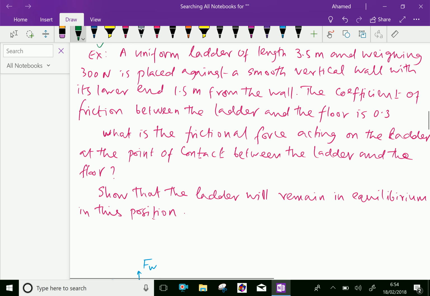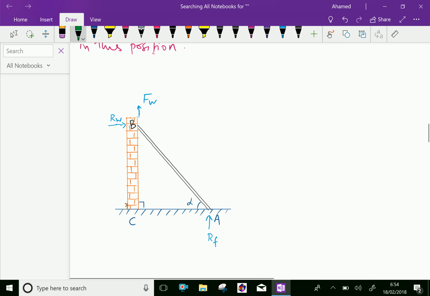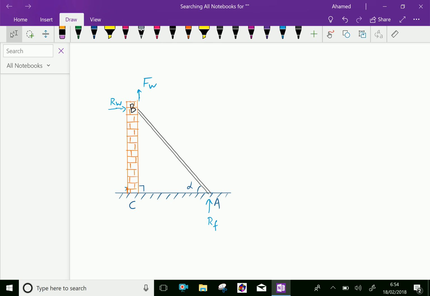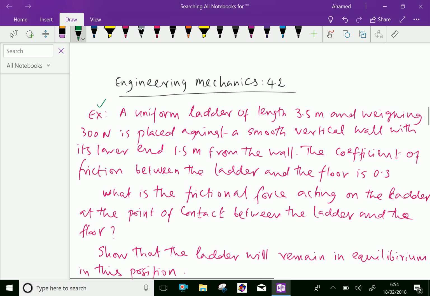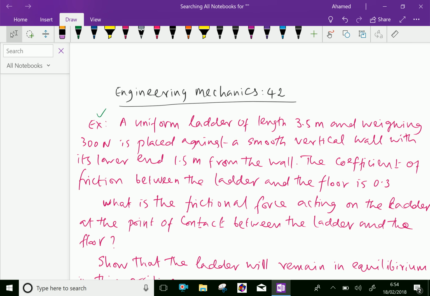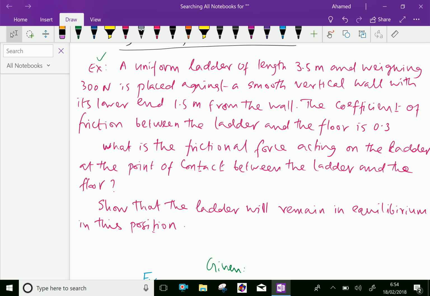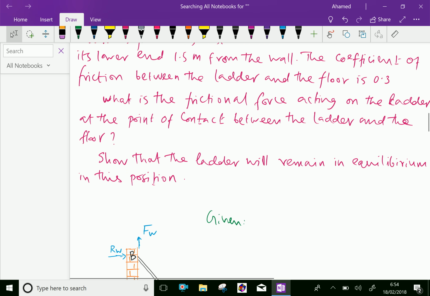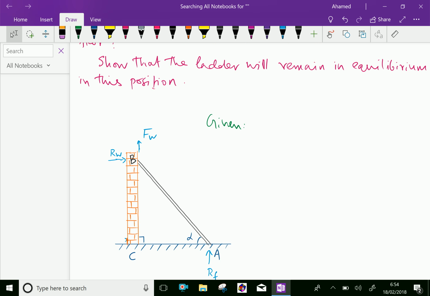Now, look at this figure. Here, the ladder is leaning against the wall. Here are the given things. The angle between the ladder and the floor is given. First, the length of the ladder L equals 3.5 meter.